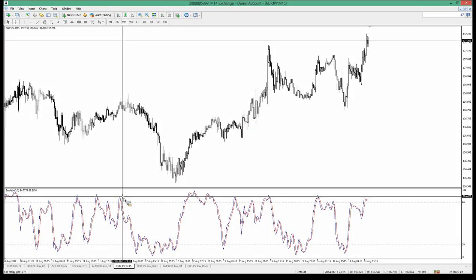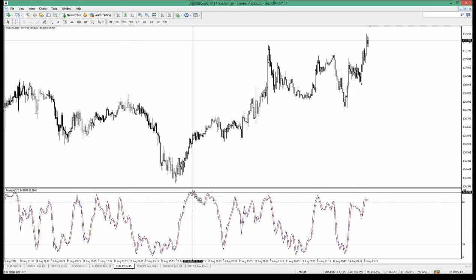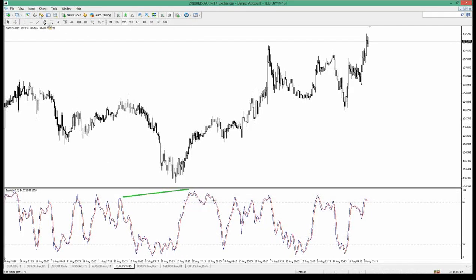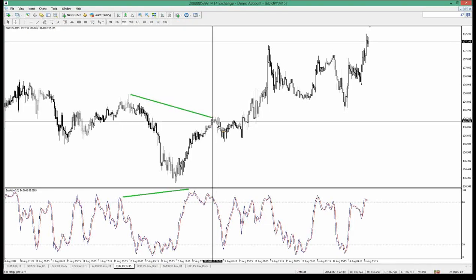Obviously we need to understand the smaller the time frame, the likelihood we are getting chopped up.